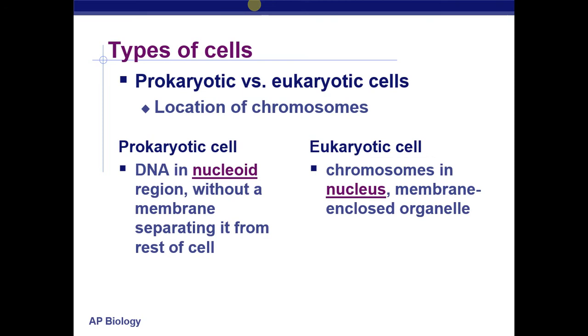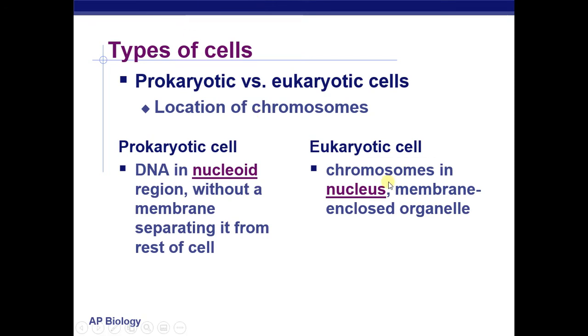Prokaryotic cells do not have a nucleus, and their DNA is just in the cytosol in a structure called a nucleoid. Eukaryotic cells, on the other hand, contain DNA in a chromosome or chromosomes inside a membrane-bound nucleus. There's a nuclear membrane, and inside is the DNA.